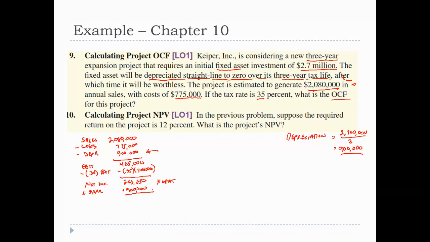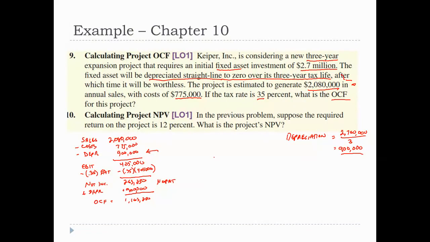It was an example of a non-cash expenditure, and so we're undoing the effect of it here. The net result is what you would call operating cash flow of $1,163,250.